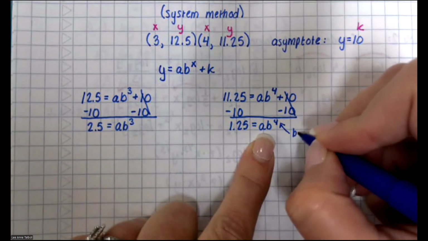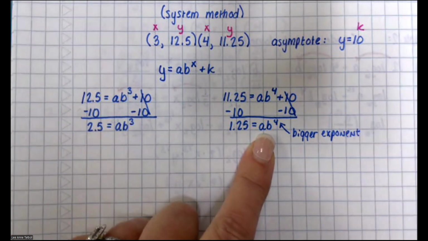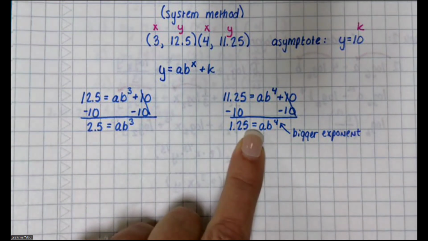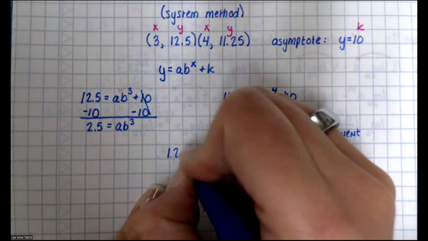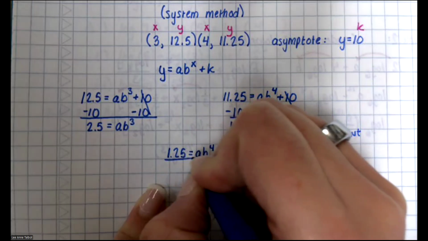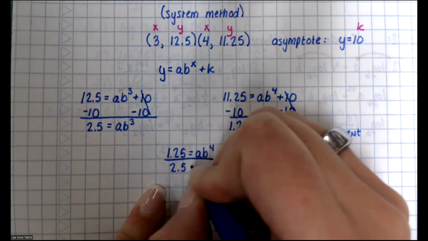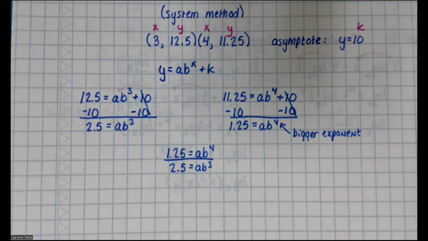You don't have to do it this way, but I'm a lazy human being, so I always put the bigger exponent one on top. And why do I put the bigger one on top? Because I'm going to end up subtracting those two exponents, and I prefer not to have a negative. I'm just lazy, so I choose to put the bigger one on top.